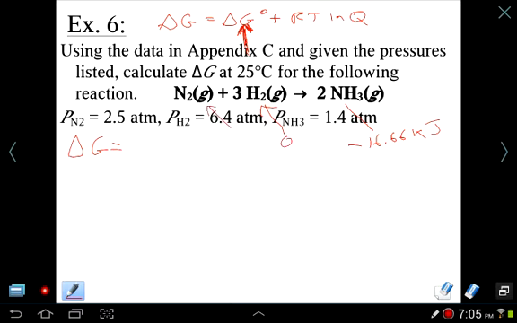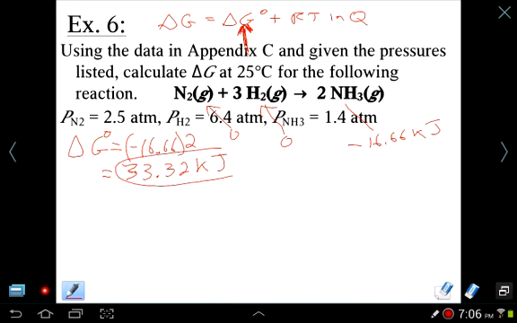So effectively, delta G naught is negative 16.66 multiplied by 2, which should be about negative 33.32 kilojoules. This is delta G under standard conditions.